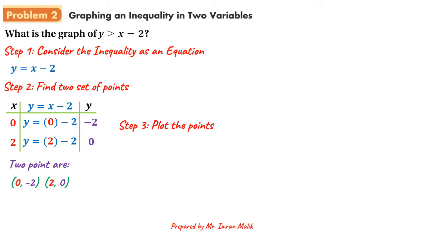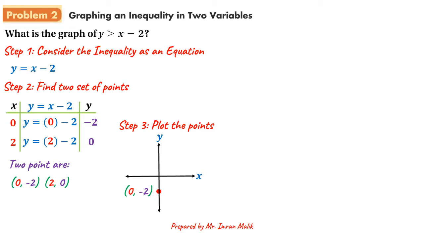Moving on to step number 3. In this step, we are simply going to plot the 2 points which we have just found. So my first point is when x = 0, y = -2.